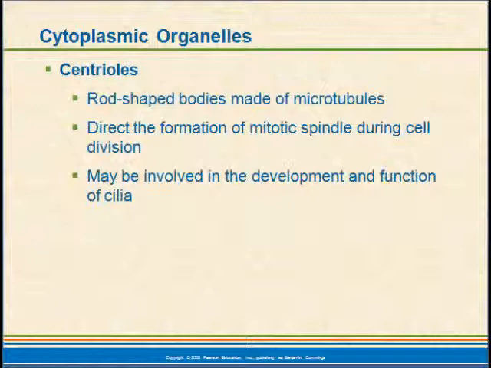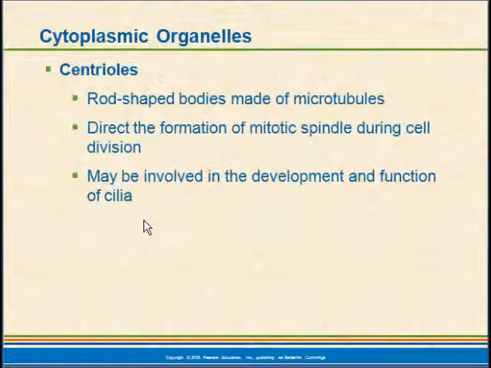Now, another cytoplasmic organelle is the centriole. These are short, rod-shaped bodies. They're made of little microtubules, and they direct the formation of the mitotic spindle during cell division. Now, we all started out as a single cell.